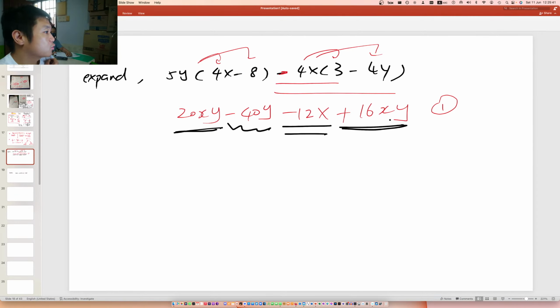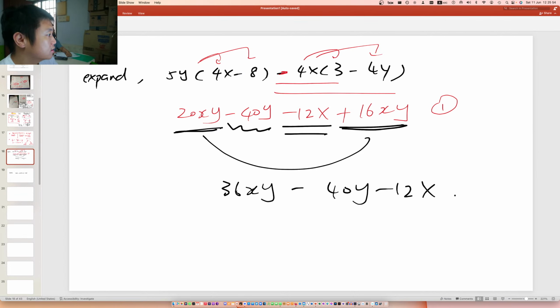Both are xy terms, so they are similar. So I can combine these two. Did you combine these two? Yes. If you combine them, it's 36xy minus 40y minus 12x. Then that's the end. Do you get this? Yes.